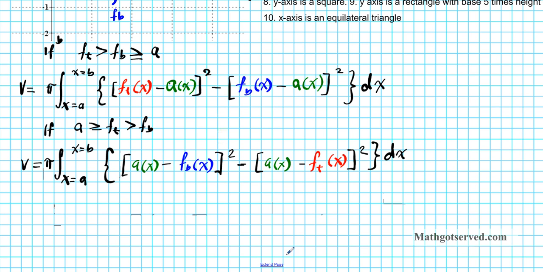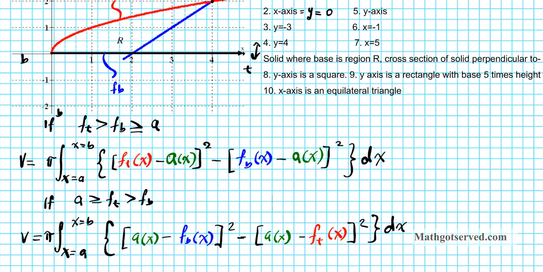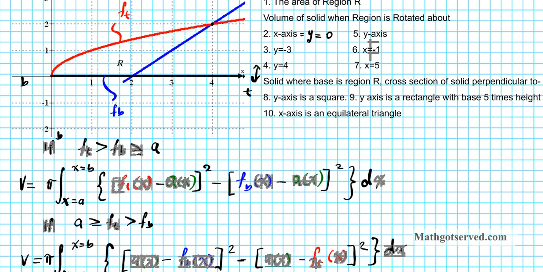So what's going to make this problem a little bit complicated, doing it up and down, is that we have two regions. What does it mean if we have two regions? We have two regions like we did in number one because the bottom function switches at 2. So we have to use this formula twice. We use this formula for the first region, and then we use the formula for the second region, solids generated by rotating each region, okay?